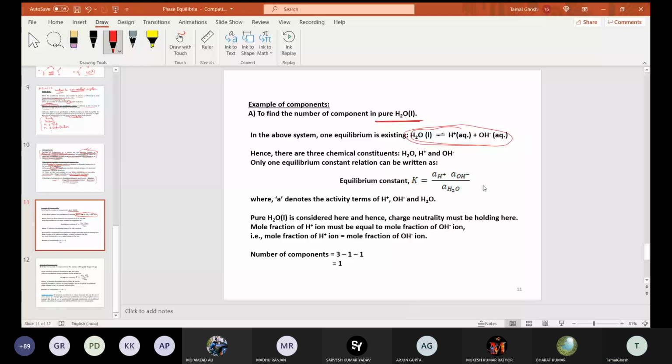Water is getting converted into H plus and OH minus. This equilibrium constant has an extremely low value, which is also known. But why is this equilibrium very important? Anyone, any idea?